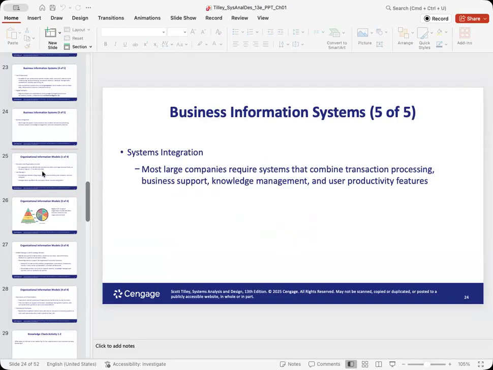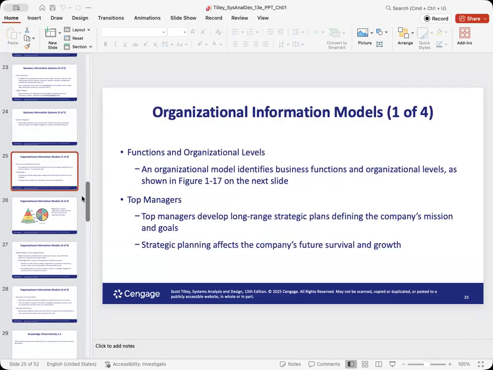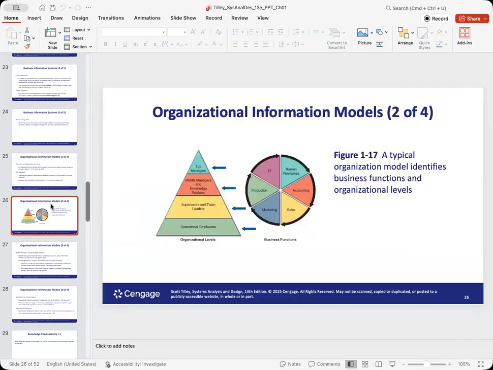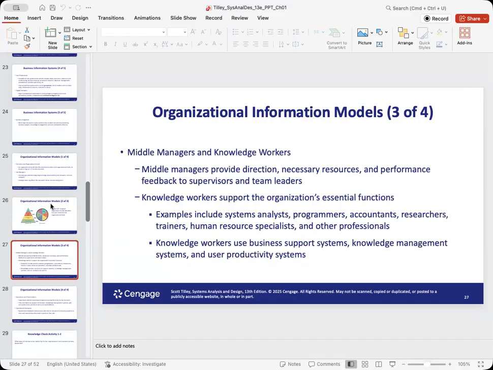And then for the IT organizational level, we also have IT, human resource, accounting, production, marketing, and then sales. Now, all these fall under organizational information models. Okay, so this one describes them one after the other.